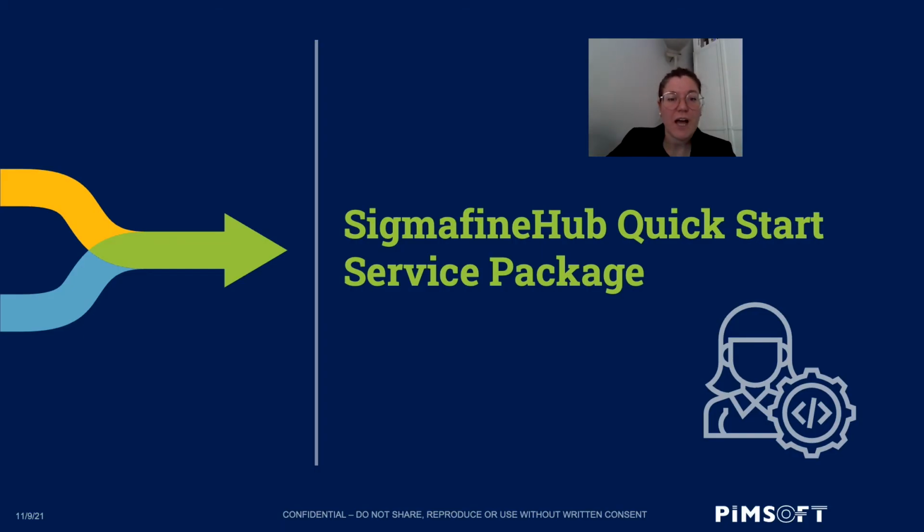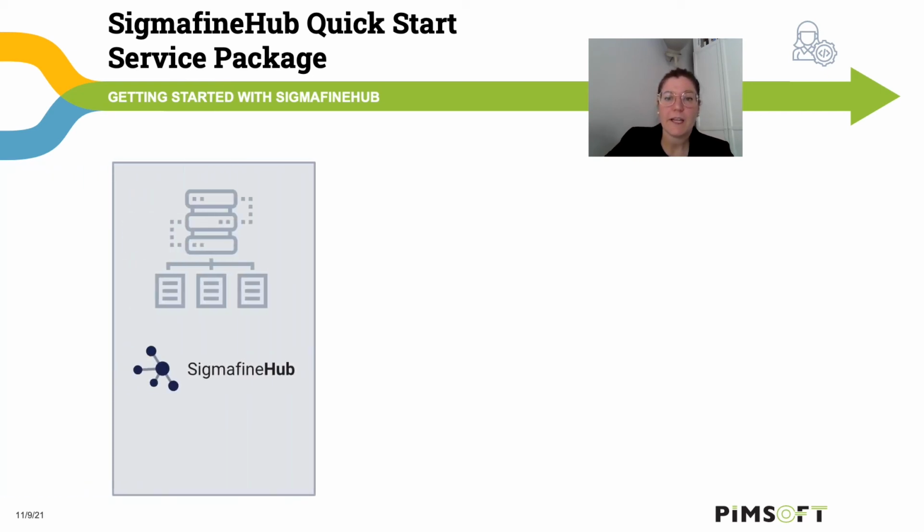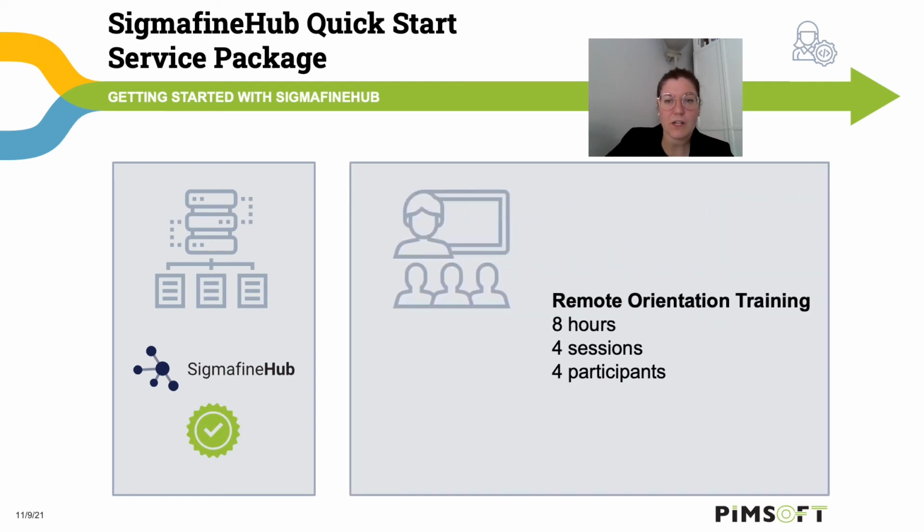After the Sigmafine Hub is installed, the easiest way to get started with the new system is with the Sigmafine Hub QuickStart Service. Once Sigmafine Hub is successfully installed on your system, this standard service package will introduce the user to the new Sigmafine Hub. It is an 8-hour remote orientation training divided into 4 sessions, 2 hours each.